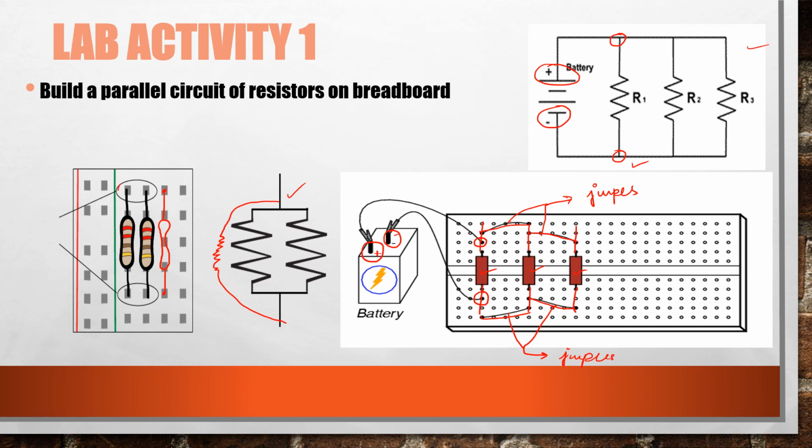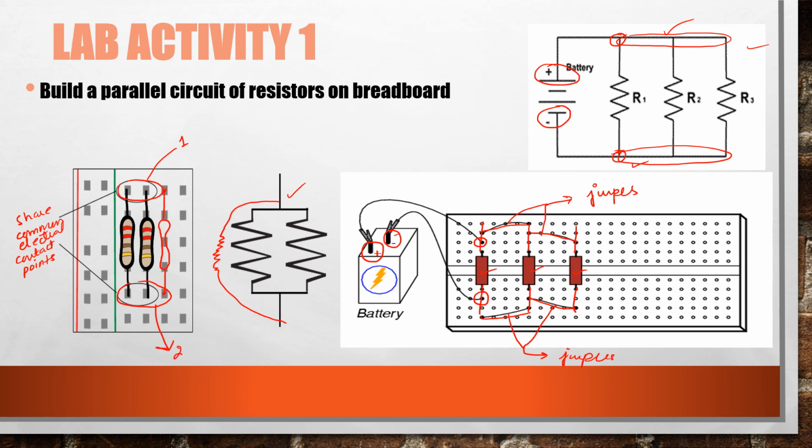Now you can see all these three resistors share common electrical contact points, because if we look at the circuit diagram, all these three resistors share 2 points, just like here this is point 1 and this is point 2.